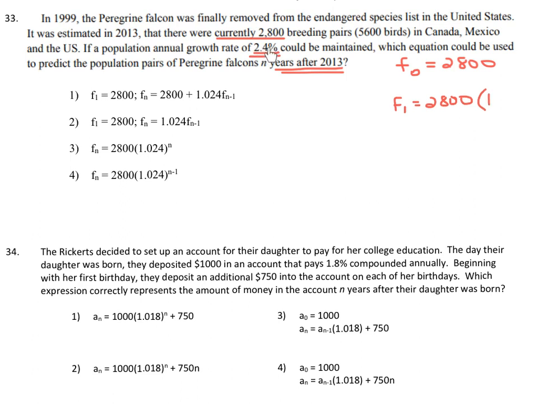Well, if the rate is 2.4%, if we move the decimal place back twice, wouldn't that be 0.024? So here, 1 plus 0.024 would be 1.024. Okay, so F sub 1 would be equal to, let's see, we have to approximate that, 2,867.